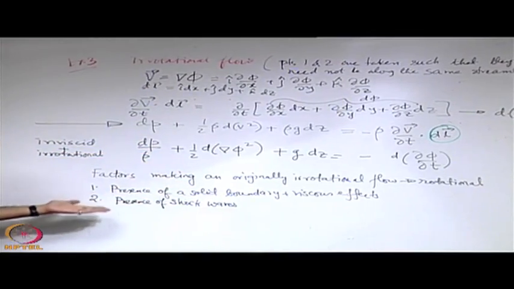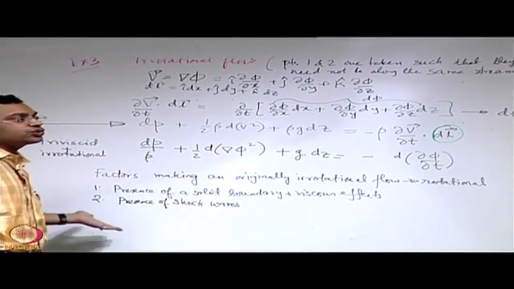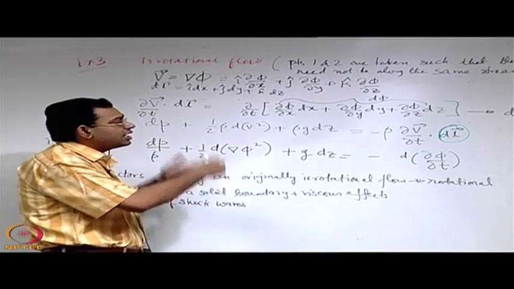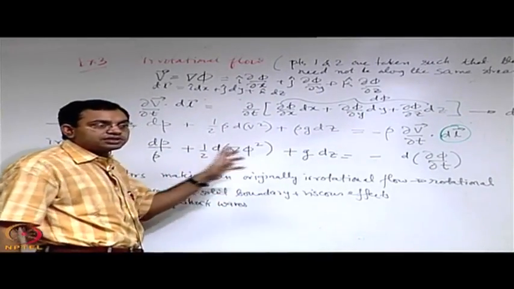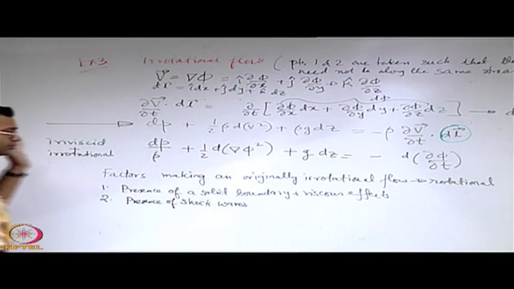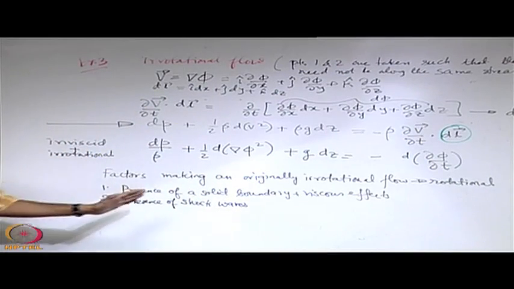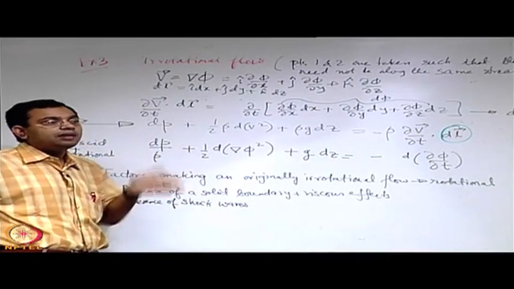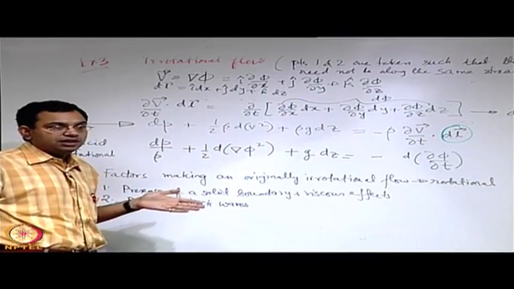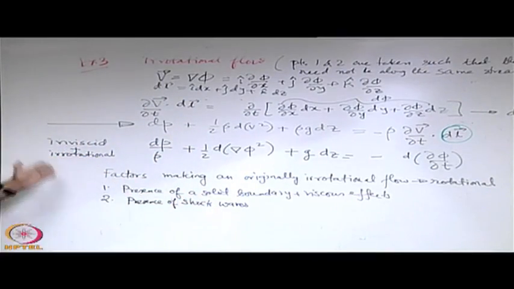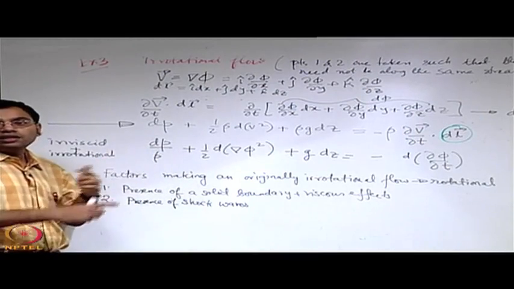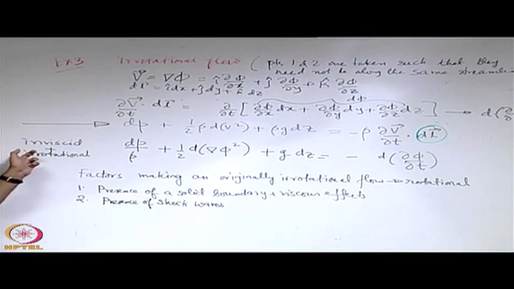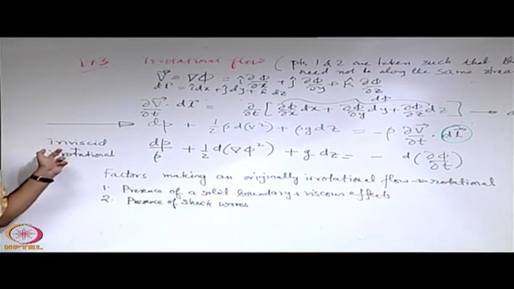The detailing of how shock waves take place we are not going to discuss here, it is an entire specialized discussion on compressible flows, but at least we will appreciate that these are situations where there can be abrupt jump discontinuities in fluid properties, and those are the situations where an originally irrotational flow may become rotational even if viscous effects are not otherwise important.